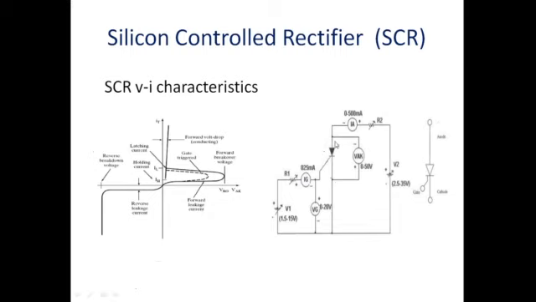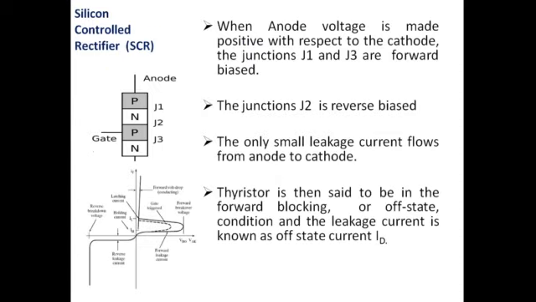If you connect an SCR like this, assume that the gate is not connected. Anode is connected to positive potential, cathode to negative potential. So what happens? J1 and J3 are forward biased, J2 is reverse biased.